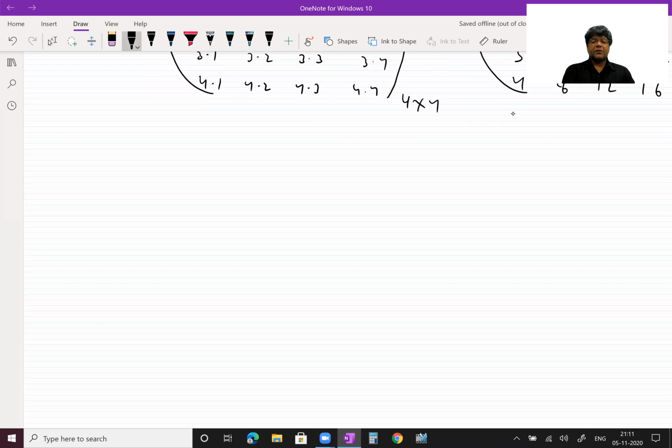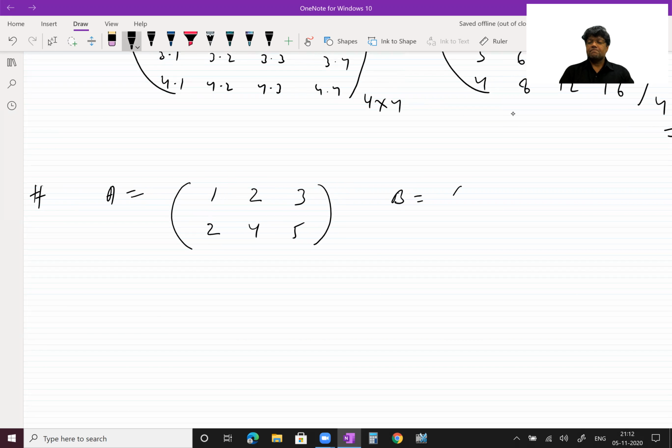One more example, if you want to see, look here. Suppose I will take A to be a matrix 1, 2, 3, 2, 4, 5. And B is equal to, suppose, guys, here see, this is 2 rows and 3 columns.